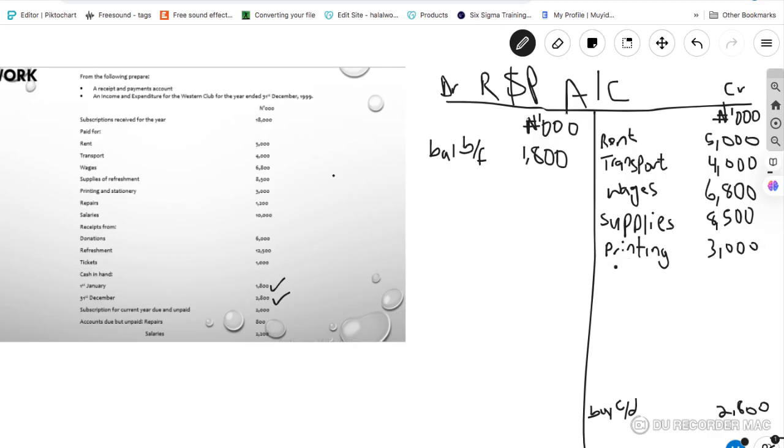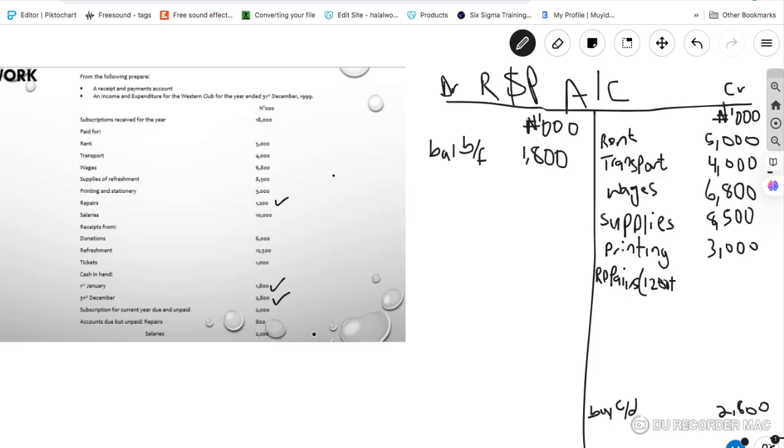We also have repairs. For repairs, we have an accrued repair. This is repairs here, 1,200,000, plus the accrual.